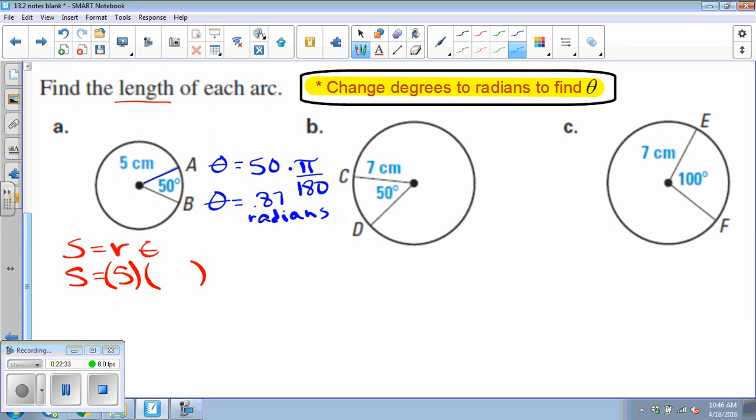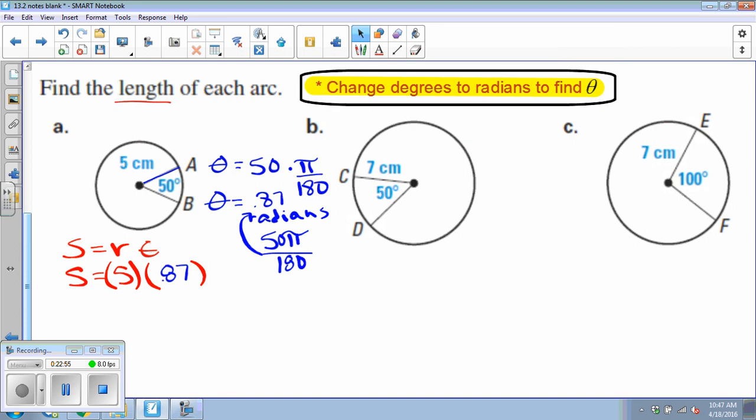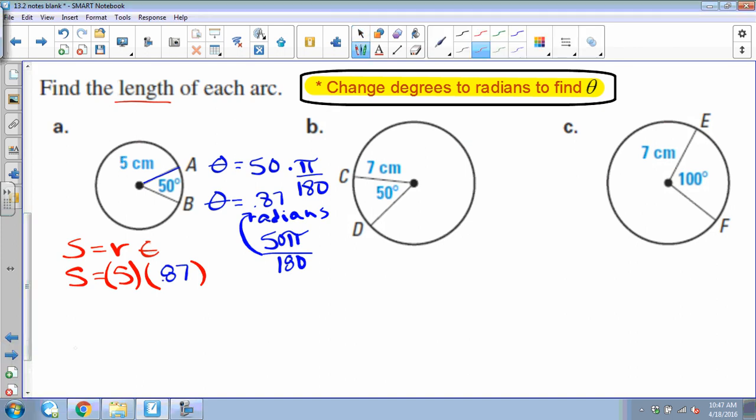I used the fraction button, and I did 50 times pi over 180. And then you get 0.87. So theta is 0.87. Now all you have to do is multiply 5 times 0.87, and you get the arc length.